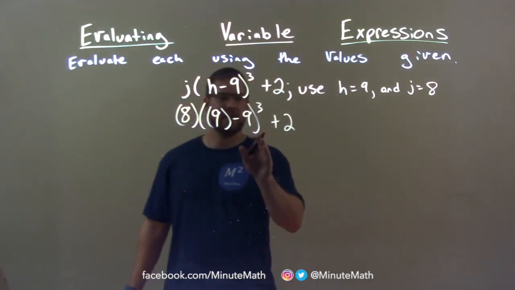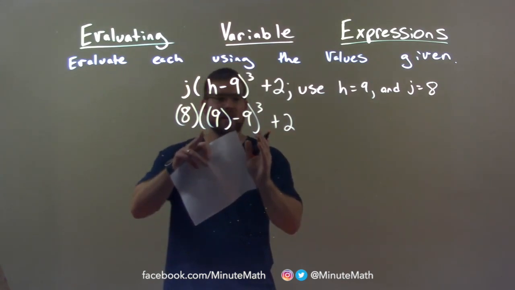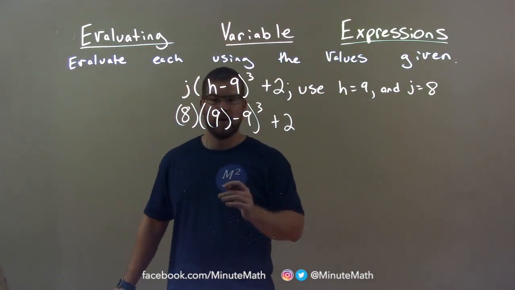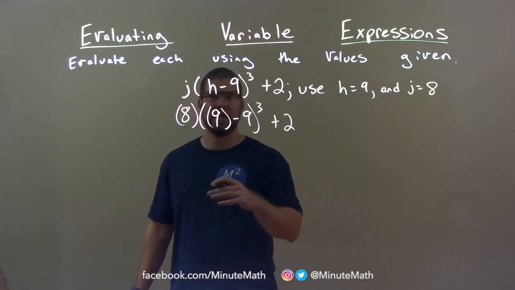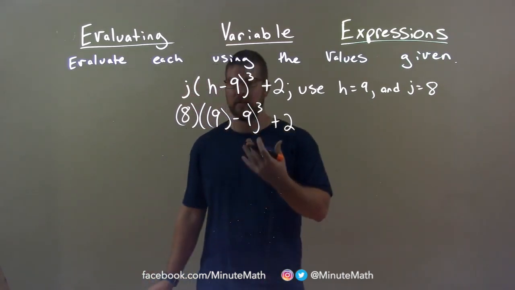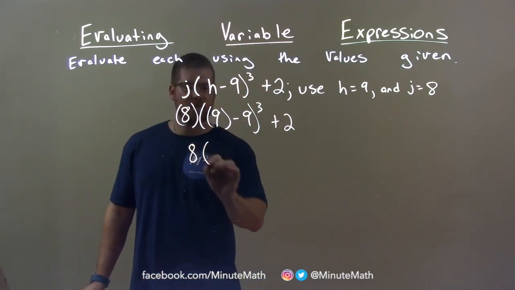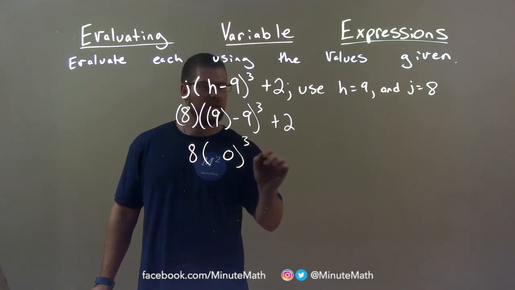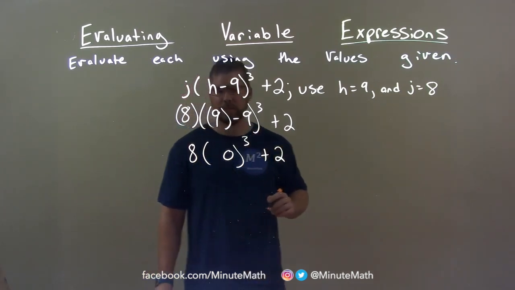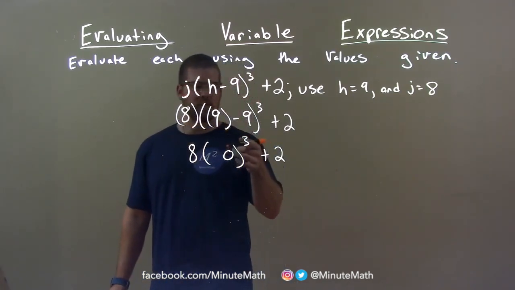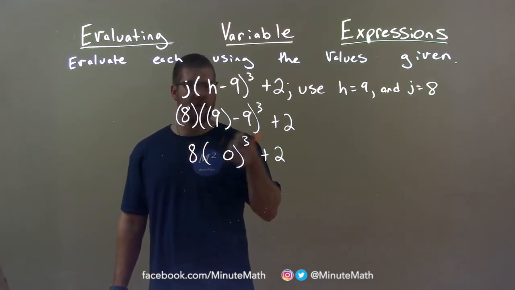Order of operations says within this big parenthesis right here, we need to simplify first. 9 minus 9 is 0. Anything subtracted by itself is 0. So 8, 0 on the inside to the third, plus 2. All right? Well, 0 to the third power, that's our next step. Exponents.